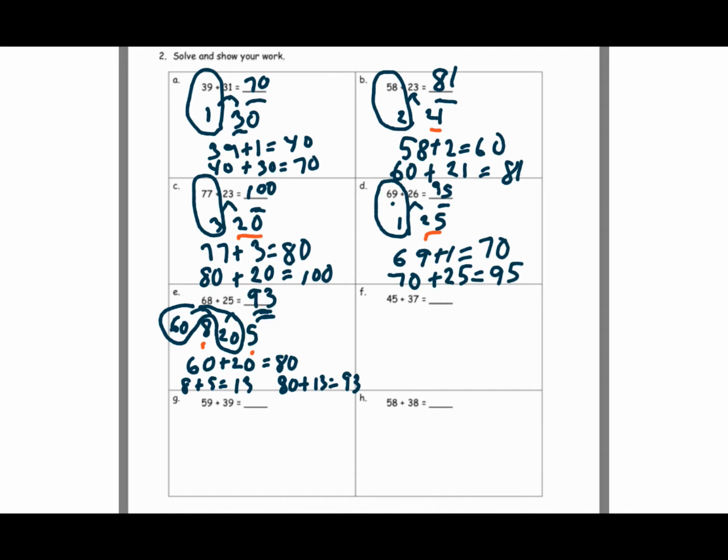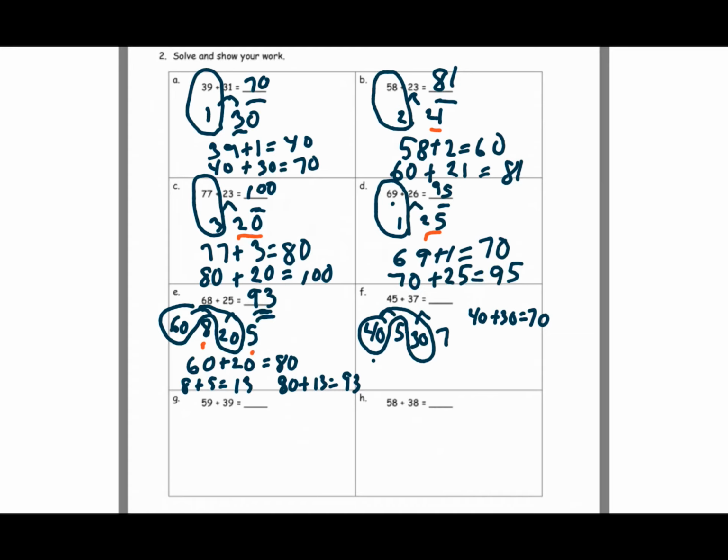For letter F, I'm going to also go with the tens. So it'll be 40 and 5, 30 and 7. So I'm going to go tens with the tens and ones with the ones. So it'll be 40 plus 30. I'll write it over here. 40 plus 30 is equal to 70.